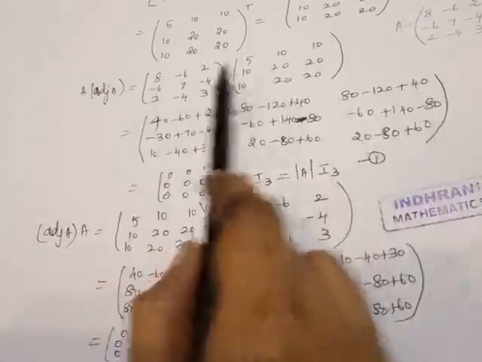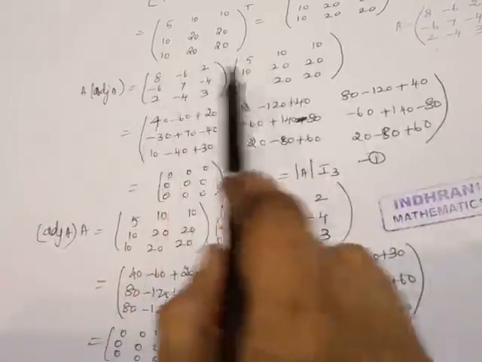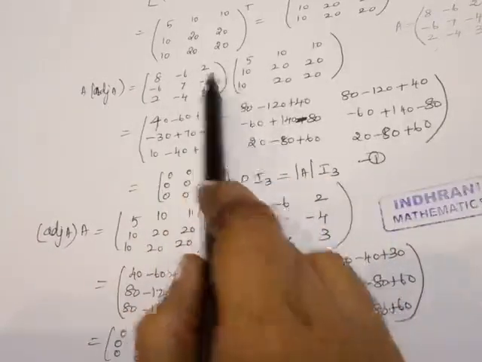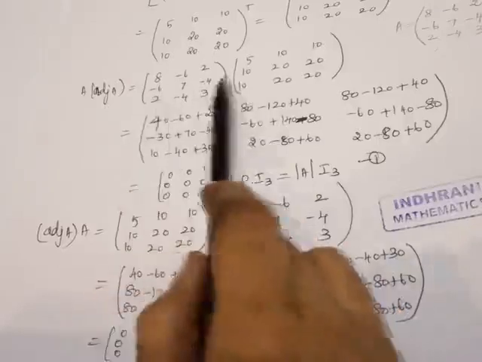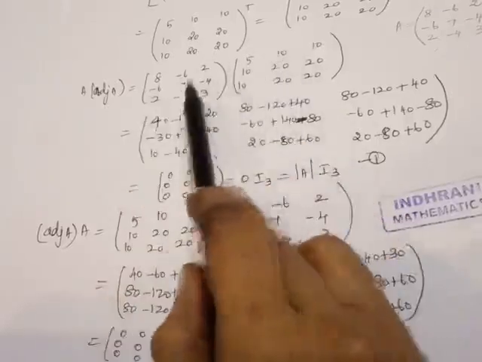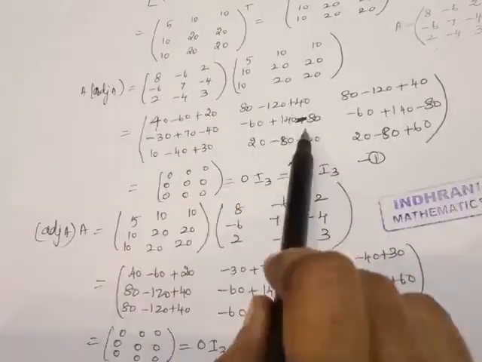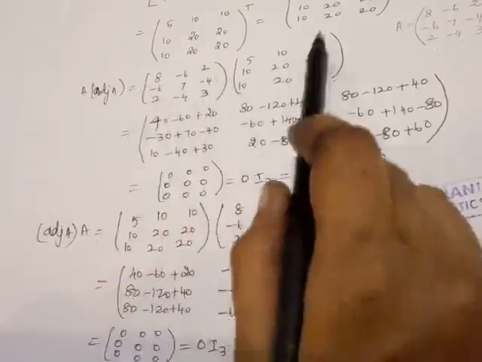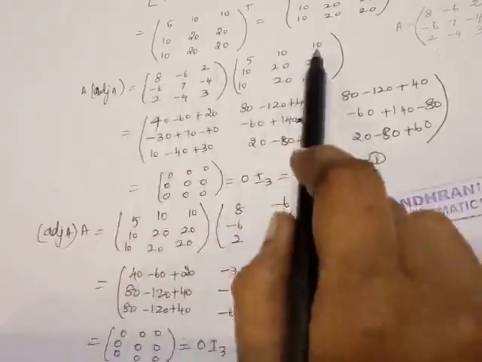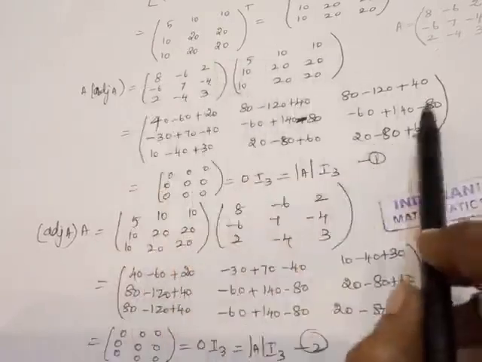Similarly, second row with first column: minus 30, plus 70, minus 40. Second row with the second column: minus 60, plus 140, minus 80. Second row with last column: minus 60, plus 140, minus 80.